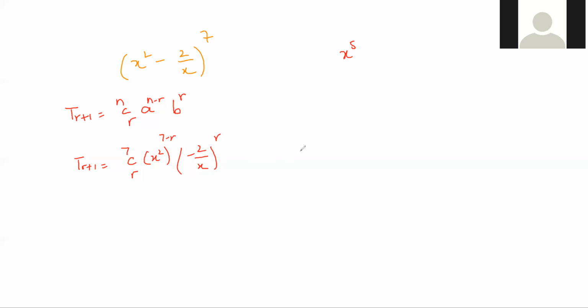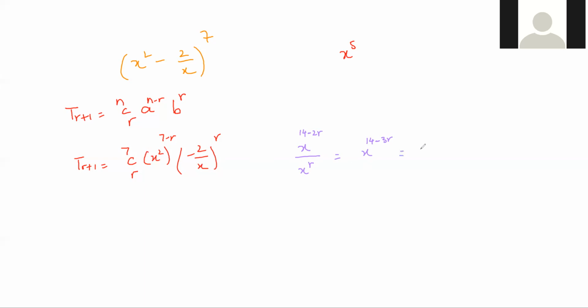This is going to be x raised to power 14 minus 2r over x raised to power r, so this gives x raised to power 14 minus 3r. Don't worry about the minus sign or anything, just figure out the power on x.